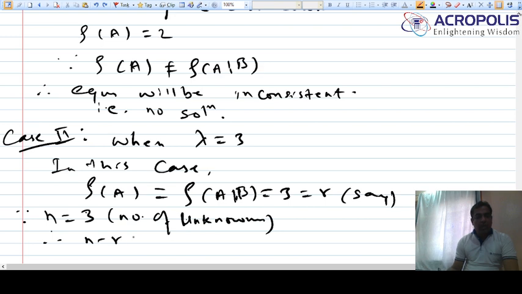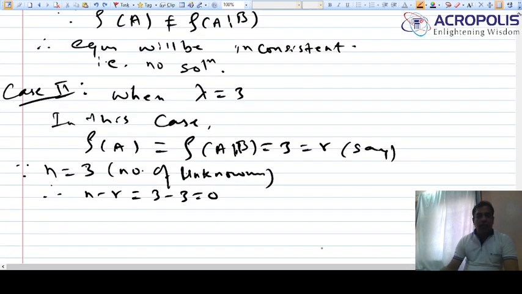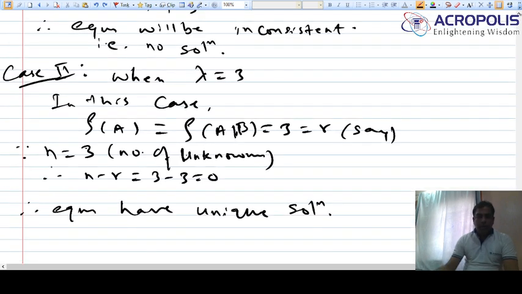Therefore n minus r will be 3 minus 3, that is 0. This is the case of unique solution. I hope it is clear.